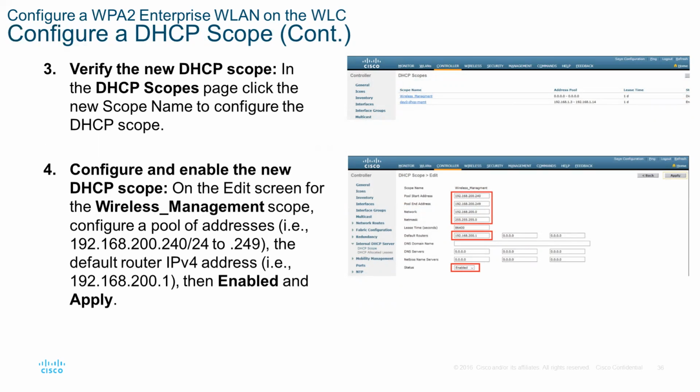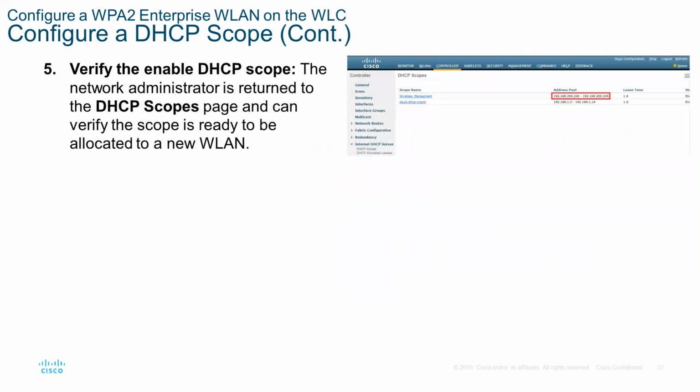So we need to configure it, give it its start and ending address, its network, network mask, default gateway, so the default routers, any DNS servers, and change the status to enabled. And make sure you hit that apply button. So if we look under our scopes, we should see our new wireless management sitting up the top there in the scope list.